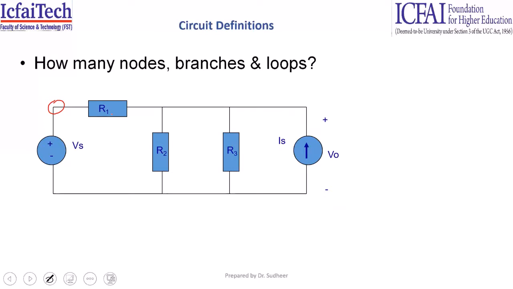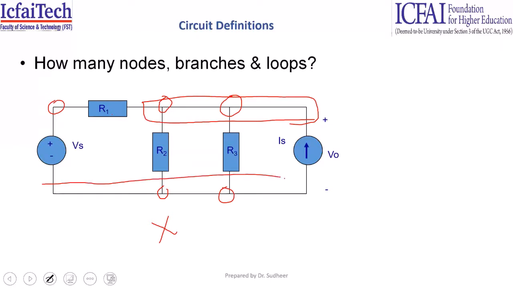There is a node connecting R1 and R2, and they will think this is another node, joining R2, R3 and V0, and this is yet another node. This is wrong, because until you encounter one of the circuit elements, the entire wire or connection of wires can be considered as a node.